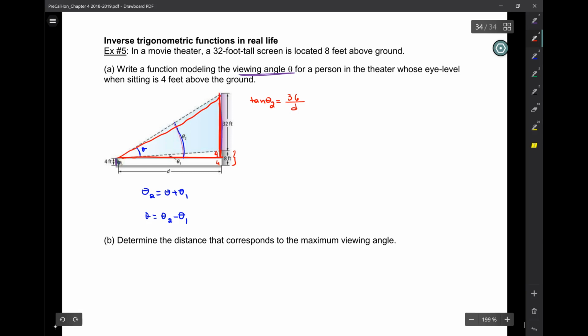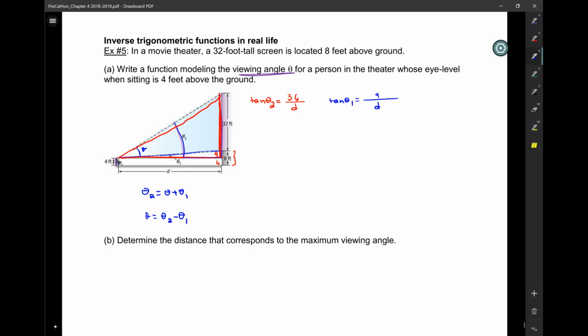So that's 36 over D. Now, tangent of theta 1, that tiny little sliver there, is 4 over D. Now, theta is theta 2 minus theta 1.